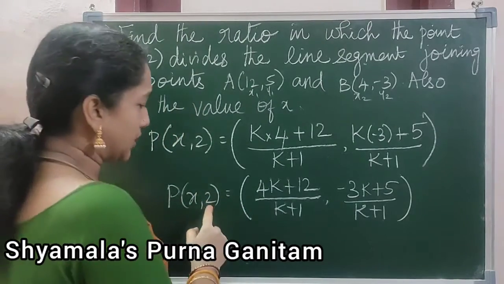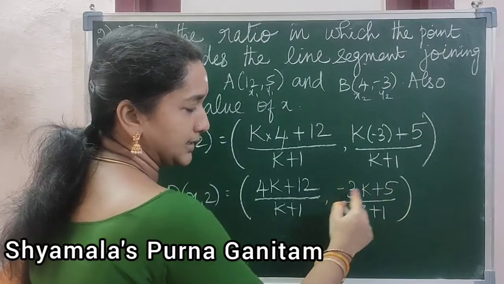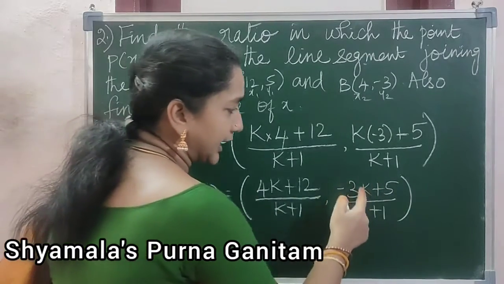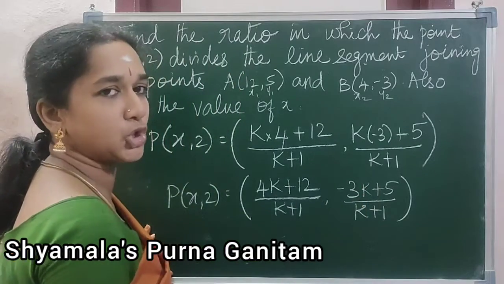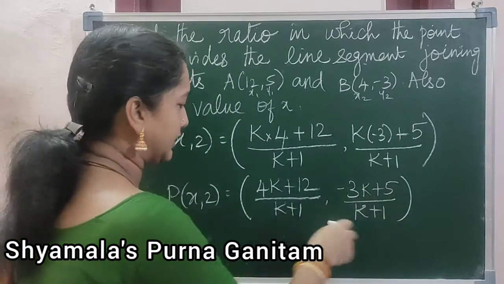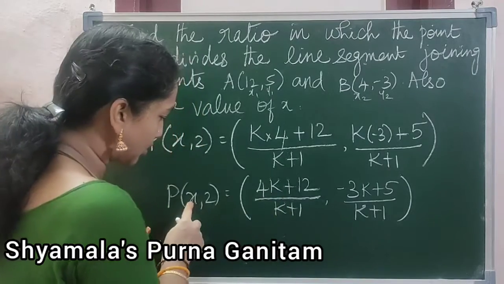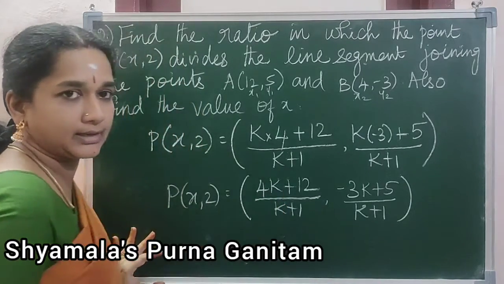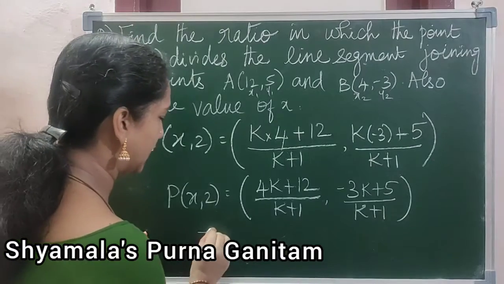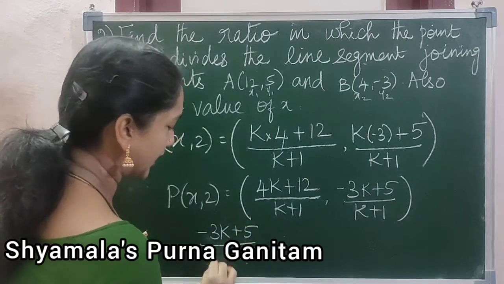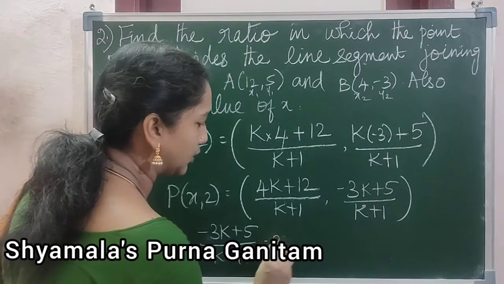So now when we equate this value, (-3k + 5) by (k + 1), to 2, we will be getting the value for this k. That ratio we will get. After finding the ratio, if we substitute it here in this value, that will be the value for x. Okay, so I am equating (-3k + 5) by (k + 1) is equal to 2.